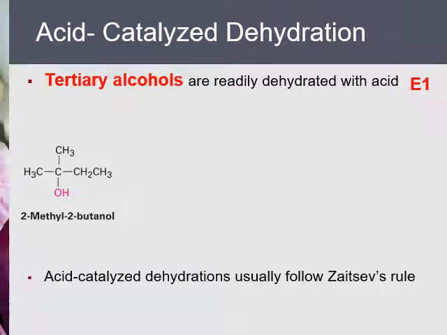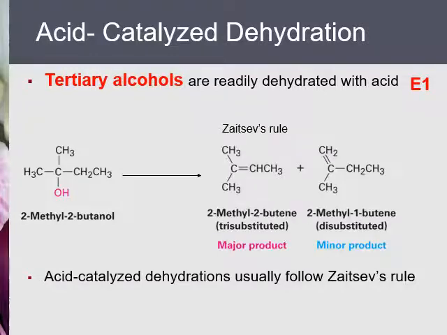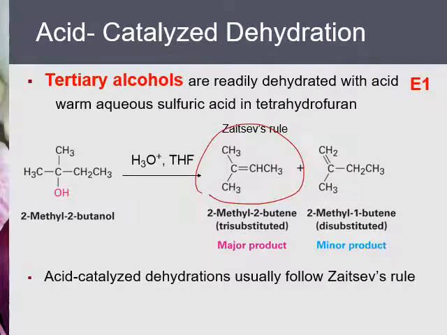Similar to the preparation of alkyl halides, where a tertiary alcohol undergoes SN1 reaction with hydrogen chloride or hydrogen bromide to form alkyl halides, a tertiary alcohol in acidic condition undergoes E1 elimination, and the products follow Zaitsev's rule, in which the more branched one is the major product.